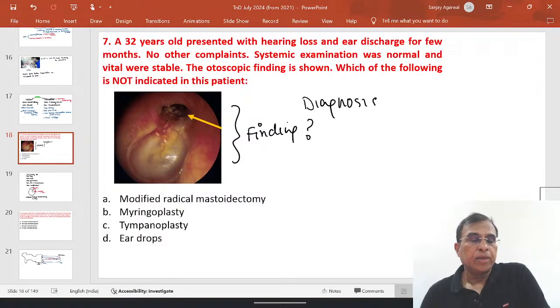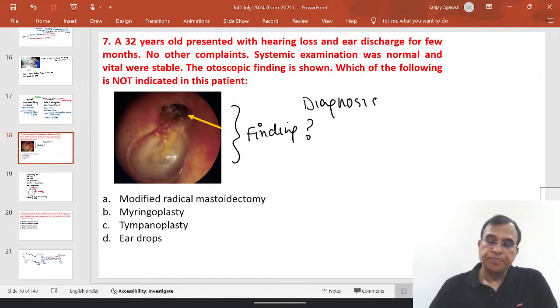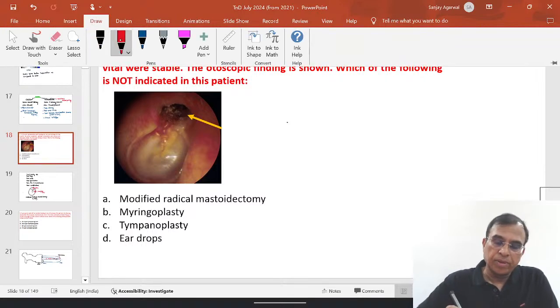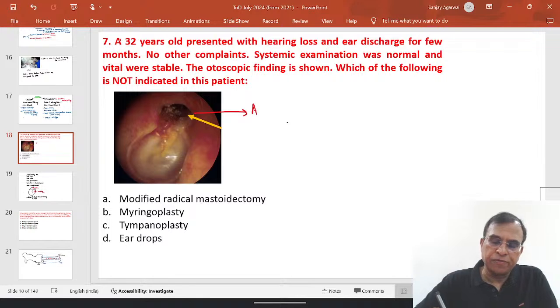I can see people saying CSOM. So you have to tell me what type of CSOM this is, safe or unsafe. Is it safe CSOM? Is it unsafe CSOM? What is it? Now, this is an atic perforation.